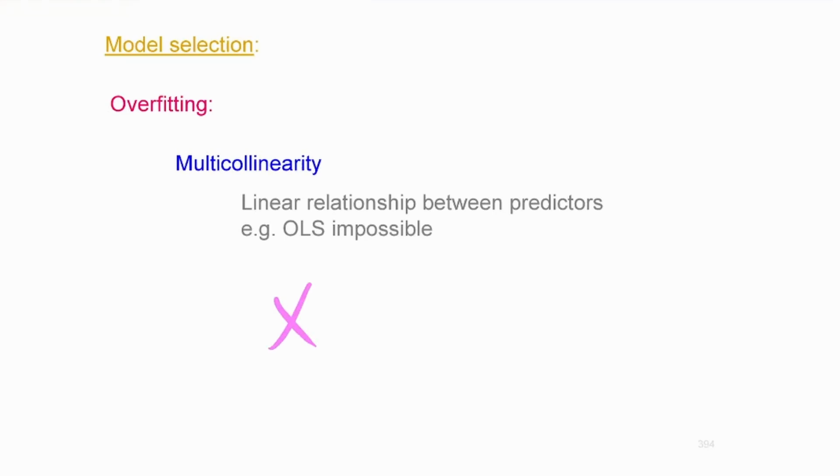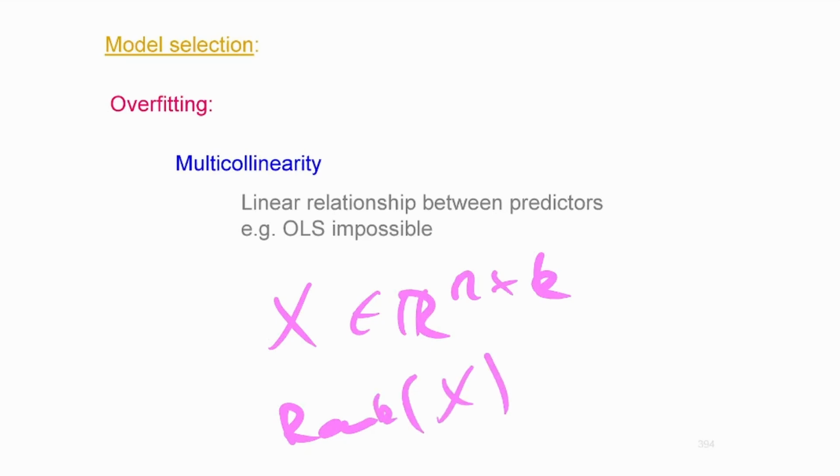The design matrix is an n by k matrix, where k is the number of predictors and n is the number of effective observations. So one of the implicit assumptions is that the rank of the design matrix is at least k.